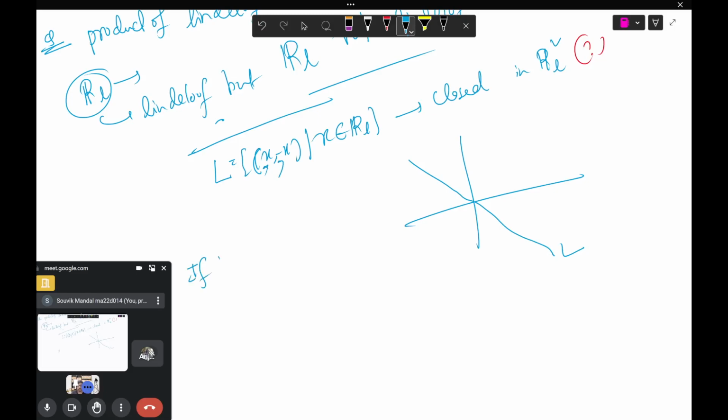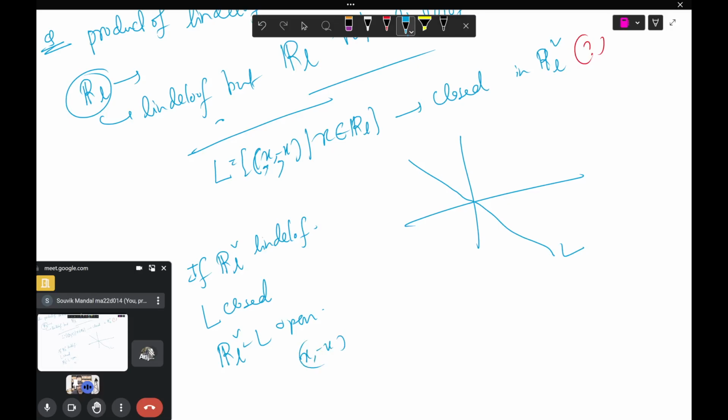Now suppose RL2 is Lindelof. Since L is closed, RL2 minus L is open, right?